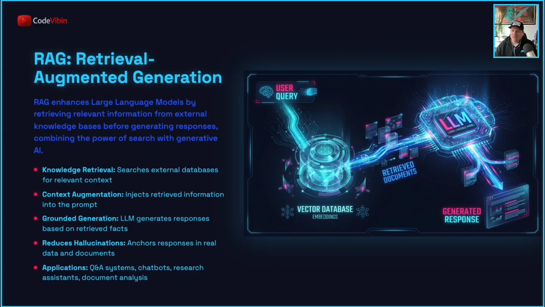RAG enhances large language models by retrieving relevant information from external knowledge bases before generating responses, combining the power of search with generative AI. Knowledge retrieval searches external databases for relevant context, and context augmentation injects retrieved information into the prompt and grounds generation.